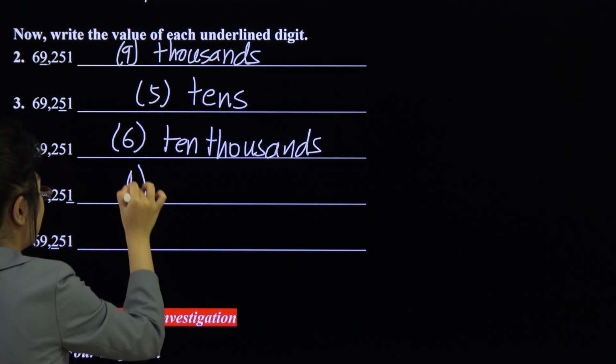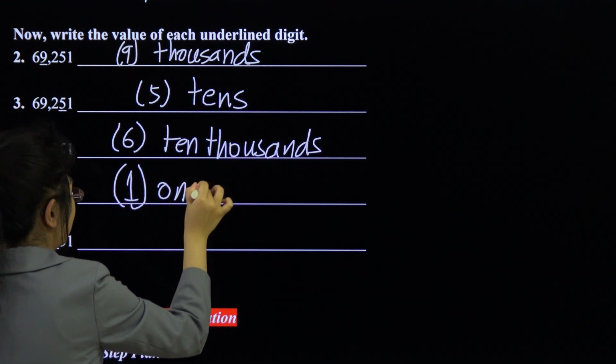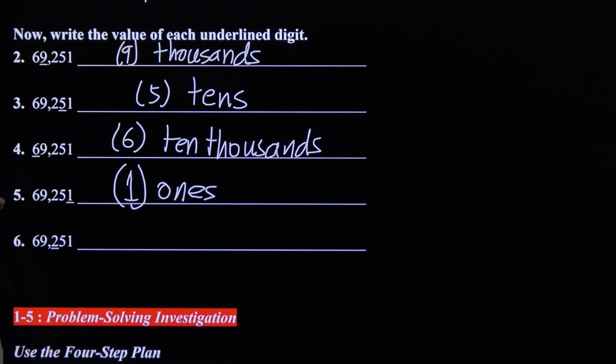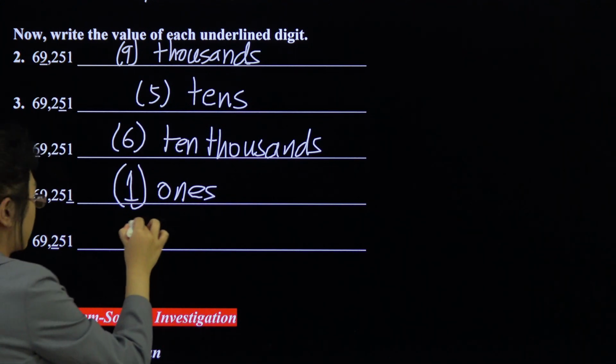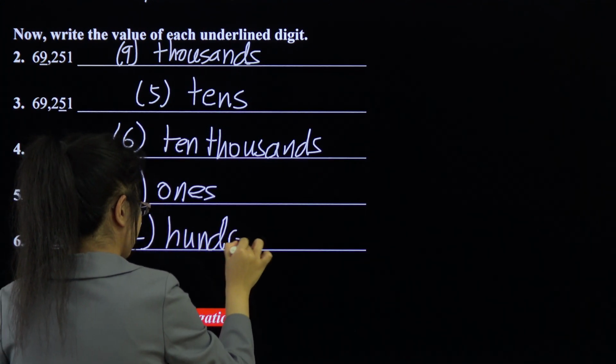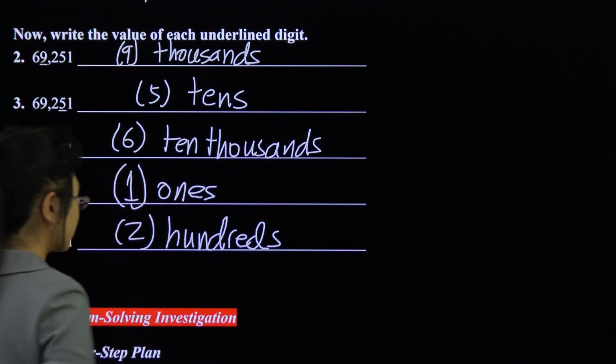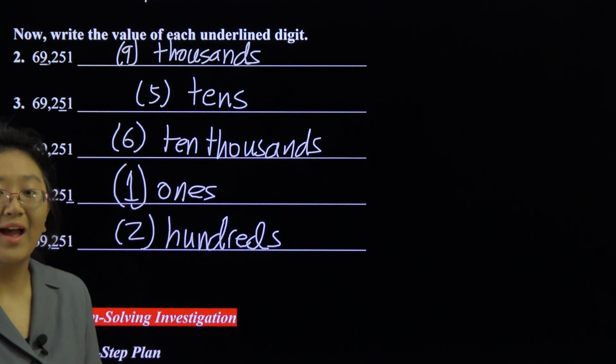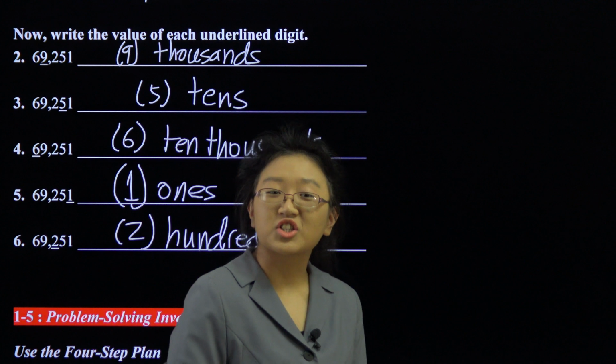So 1 one. Last question. It's 2 in the hundreds place, so it's 2 hundreds. Now that we're done that, let's move on to the next section.